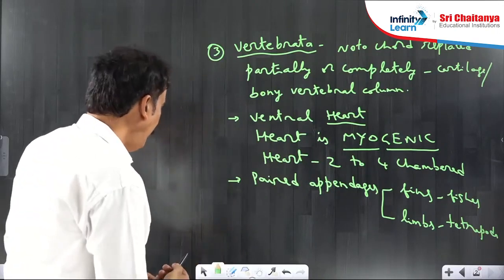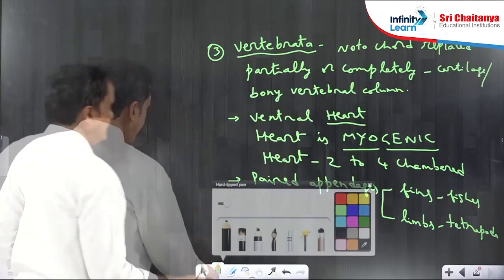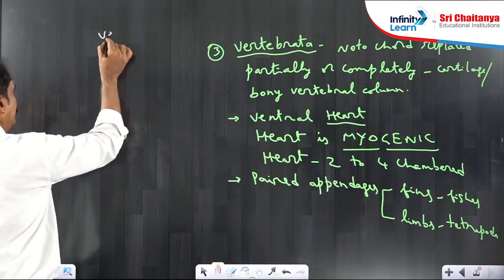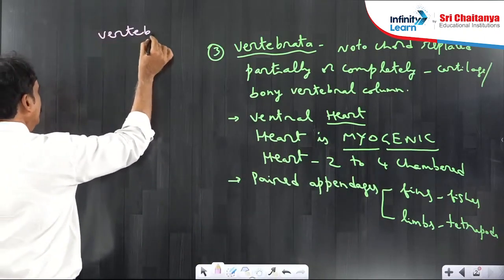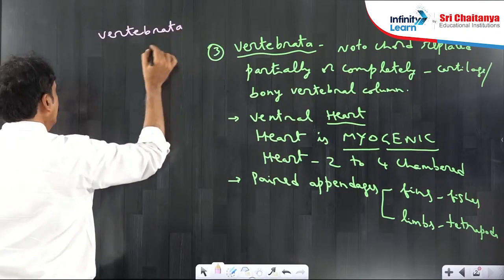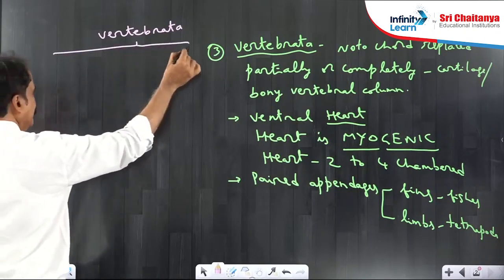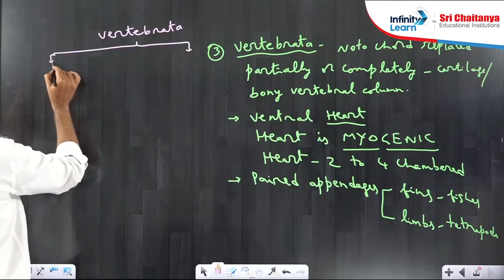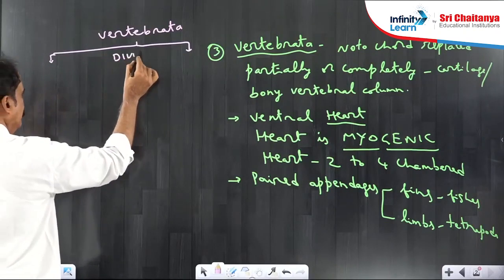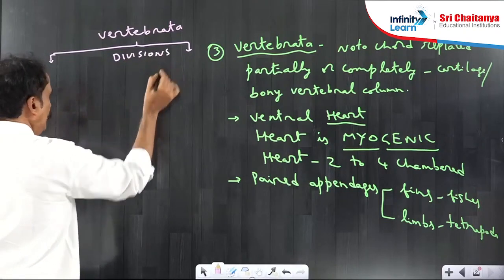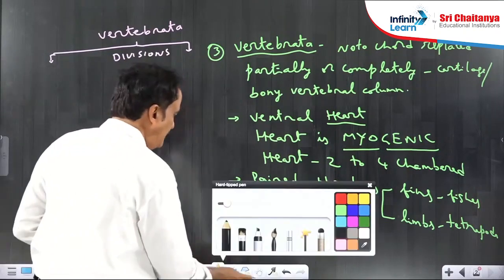And this subphylum, vertebrata, is subdivided into 2 different divisions, basing on the presence or absence of jaws.